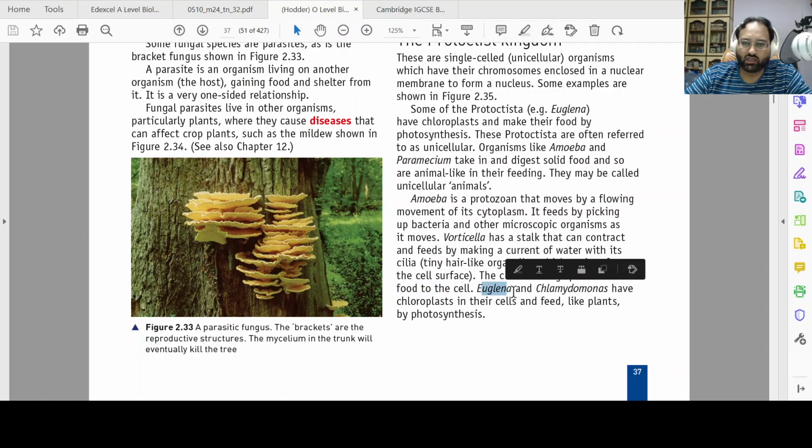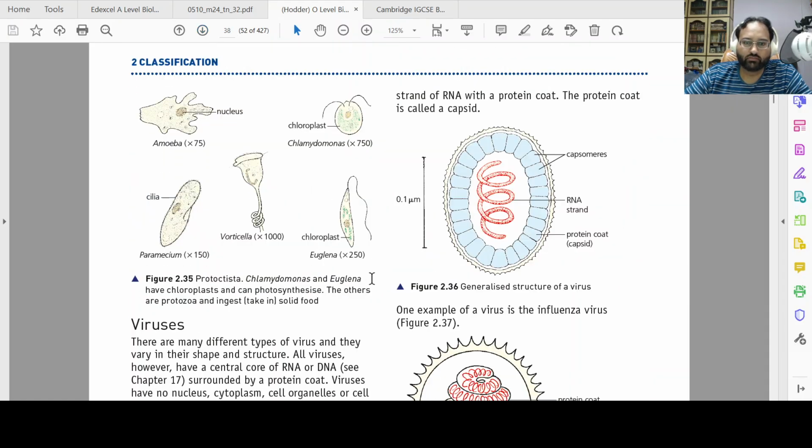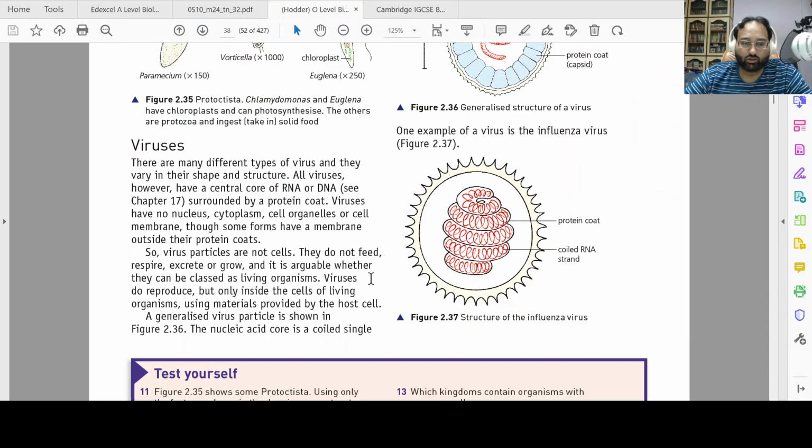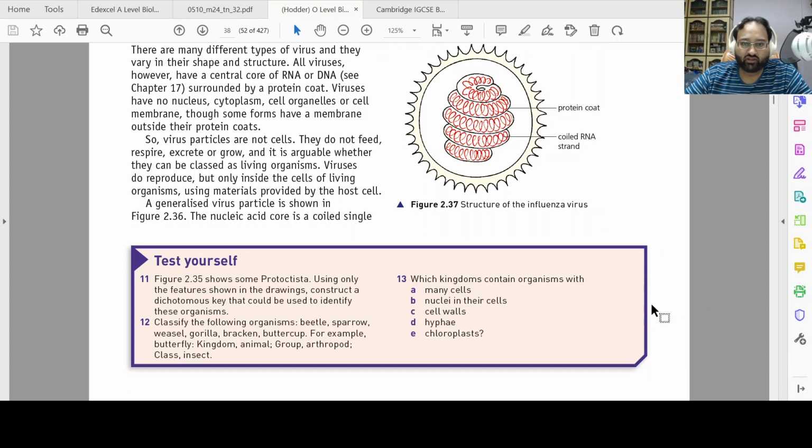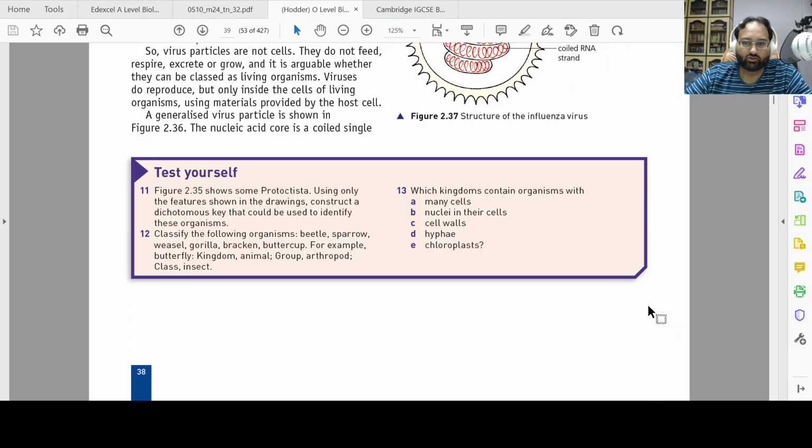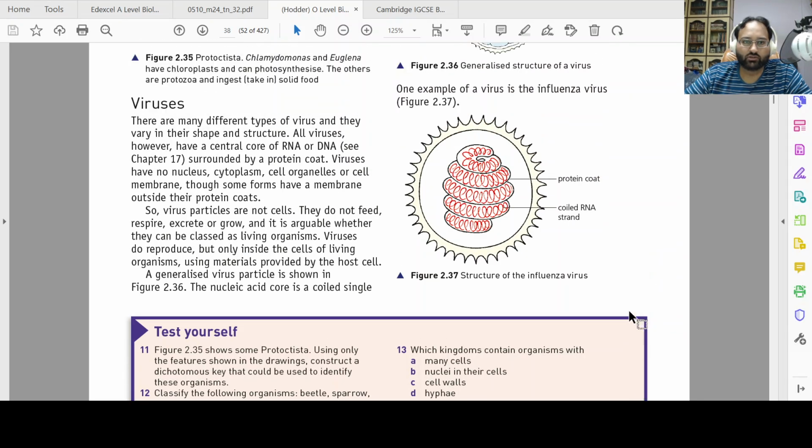The euglena and the chlamydomonas have chloroplasts in their cell, and so they're like plants. We just talked about that. And that's all you need to know about Protoctista. And finally, there's virus, and you can see there's not a lot to talk about, so we're just done with this chapter.